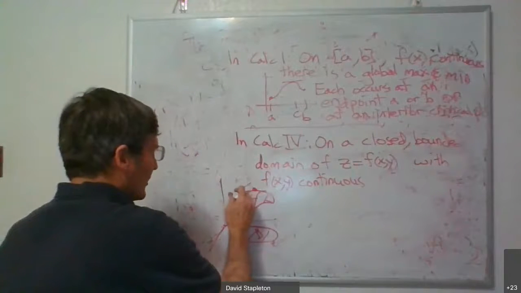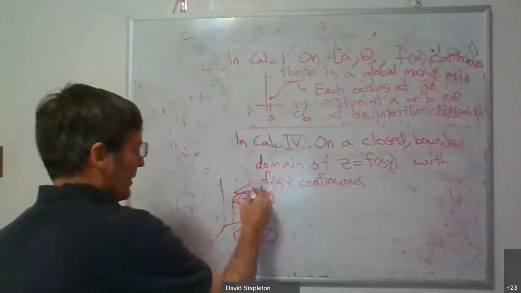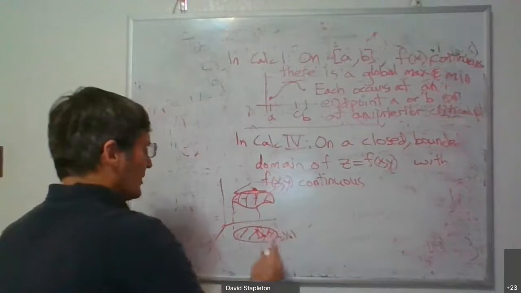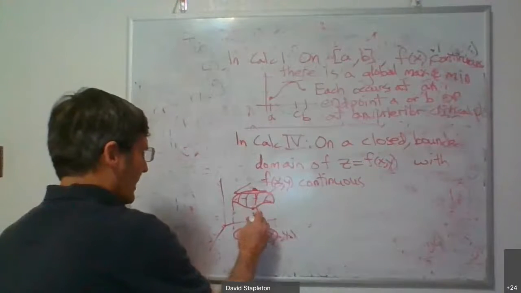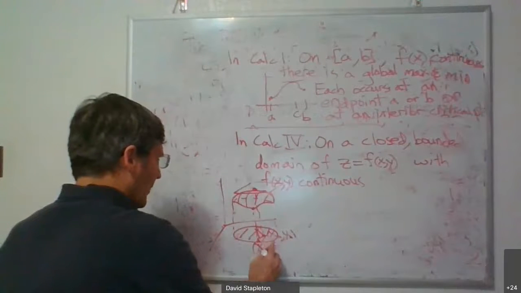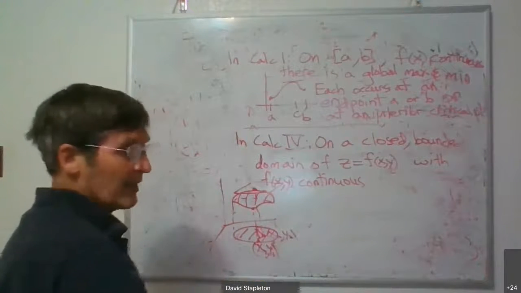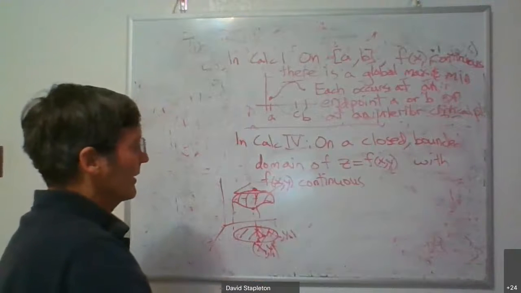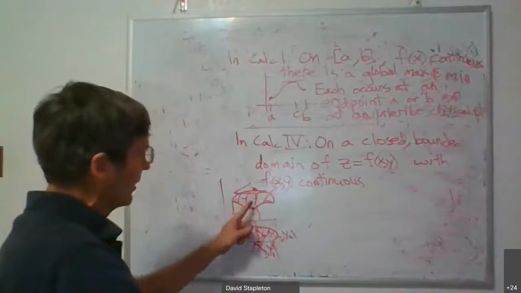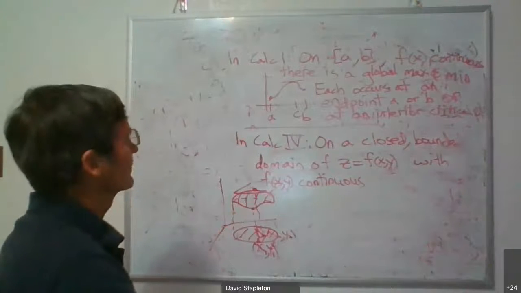There is some point where it has a global maximum. Maybe it's this one right here. X naught, Y naught. And there is some point where it has a lowest point, maybe right here. Might be on the boundary. X1, Y1. And just like calculus 1, there is a maximum and minimum, and it occurs either in an interior critical point or a boundary point.